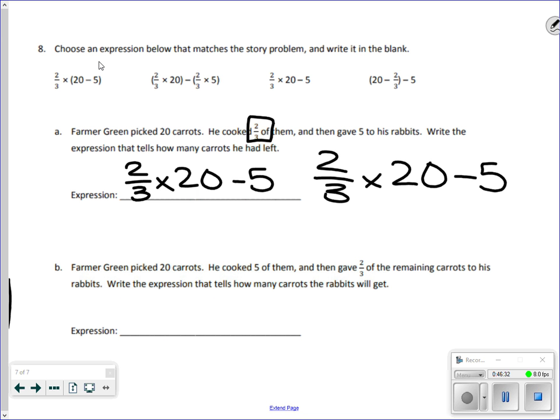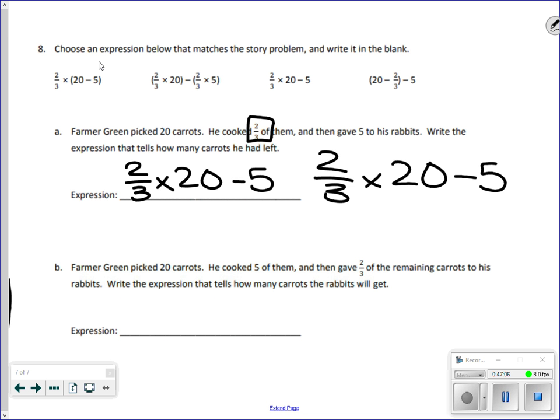He picked 20, cooked 5. Is 5 a fraction? No. He cooked 5 of them, then gave 2/3 of the remaining carrots. 2/3 times 20 minus 5, with the parentheses around 20 minus 5. So A, B, C, or D?